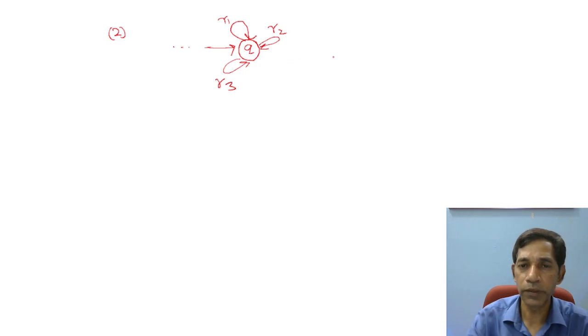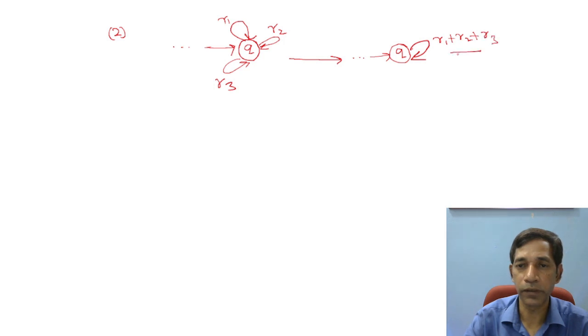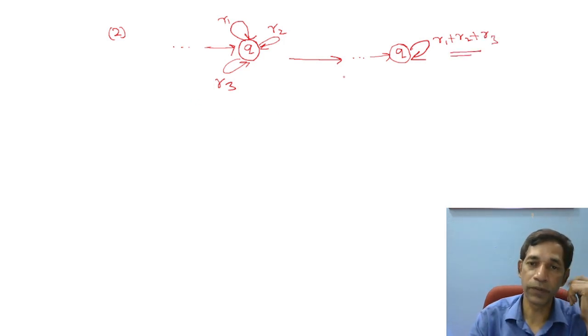From this, you can obtain the following: this is the state q, and instead of writing 3 loops, you just say R1 plus R2 plus R3. You can simplify from this situation to this.